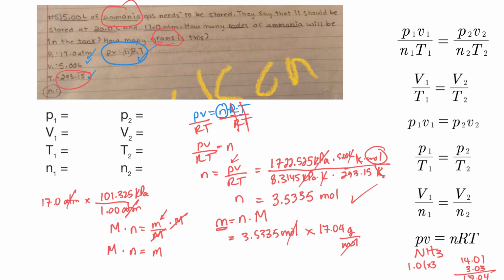The moles cancel, and when you multiply that, you get 60.211 grams. Now sig figs, there's 3, 3, 3. Looks like 3 sig figs everywhere. So I'd write that as 60.2 grams. Okay, hopefully that helps you with those 2 questions.